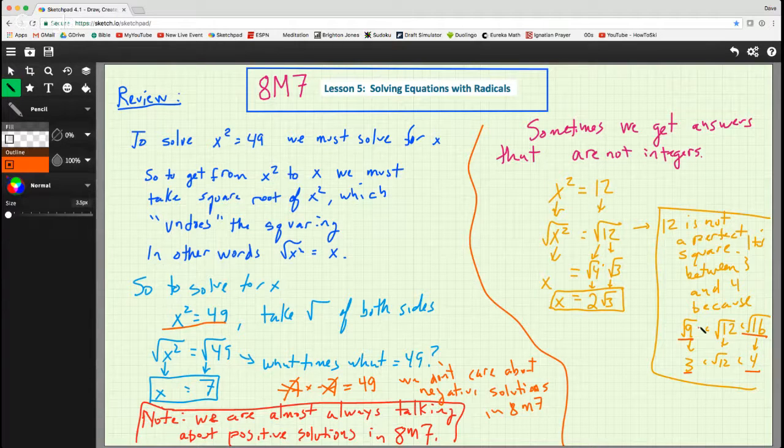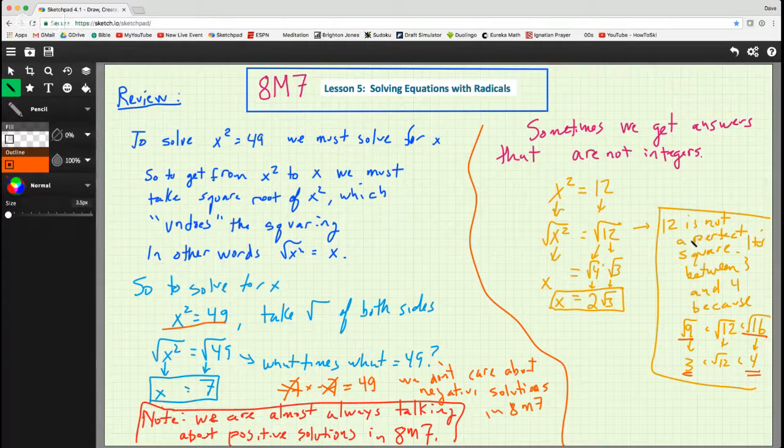So the square root of 10, 11, 12, 13, 14, and 15 are all between 3 and 4. We know that some number times itself, if it equals 12, has got to be greater than 3 but less than 4. So the square root of 12 is equal to a number between 3 and 4.